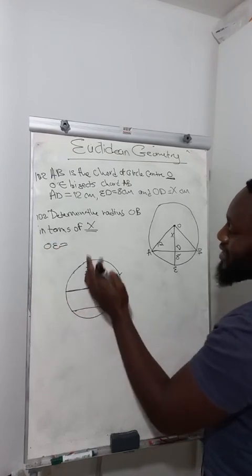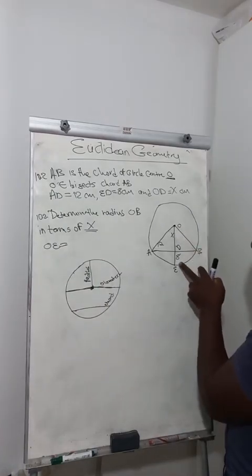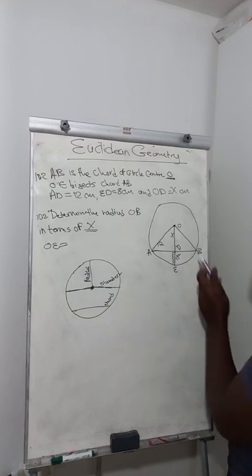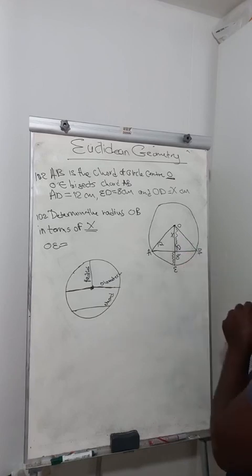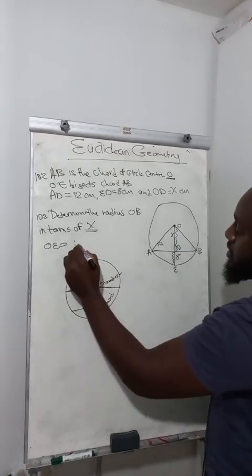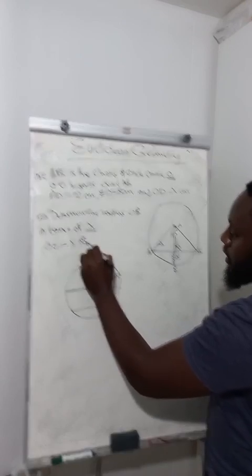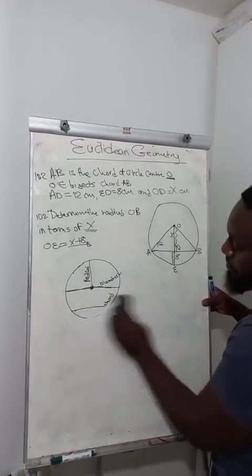So in terms of x, the whole radius, from here to here, this part here is an 8, and this part from here up until here is an x. So this will just say x plus 8. And then you're done. Let's move to the next question.